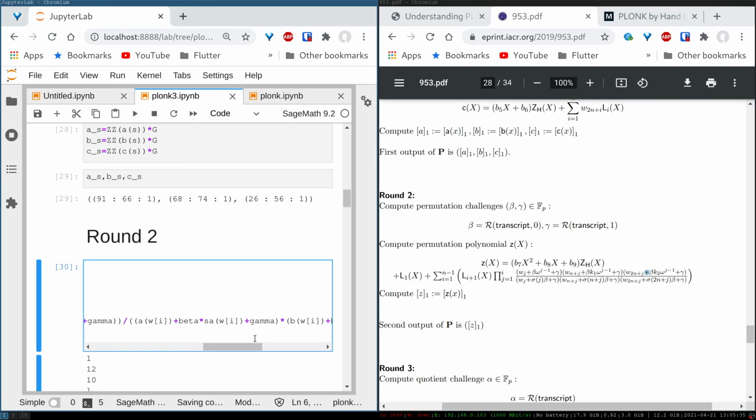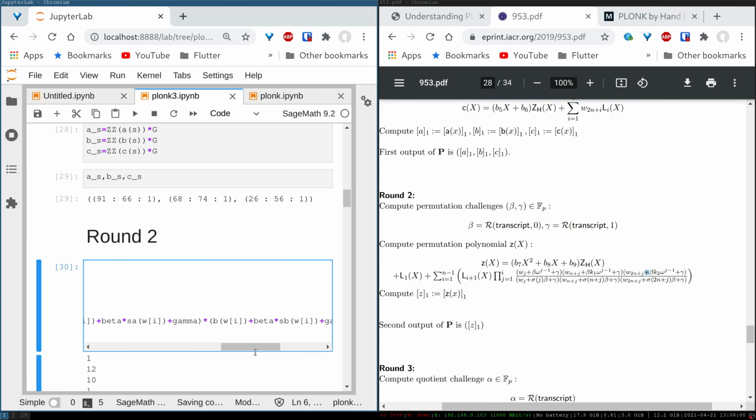Sigma is the same thing here. Sigma of j, sigma of n plus j and sigma of 2n plus j are respectively SA, SB, and SC. So SA at Wi times beta plus gamma, plus B at Wi plus SB of Wi times beta.